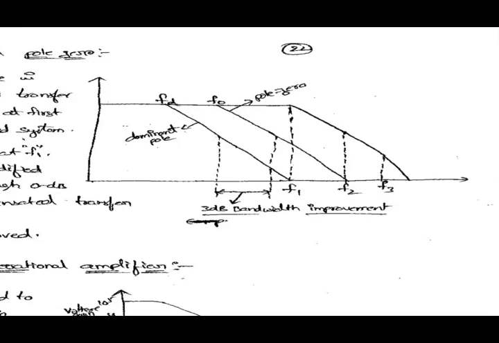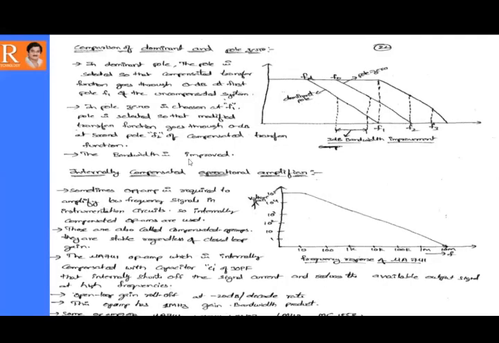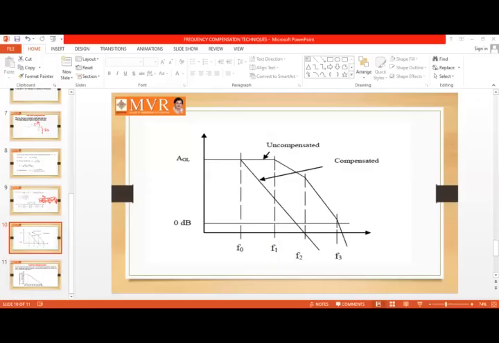So this is what we have observed in these two compensating techniques. And coming to the third one, that is internal compensation of an operational amplifier.